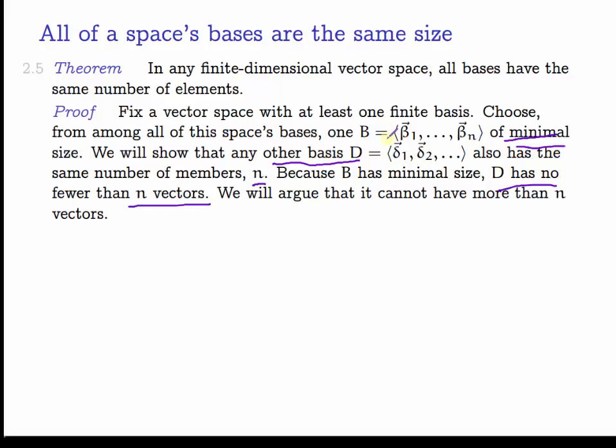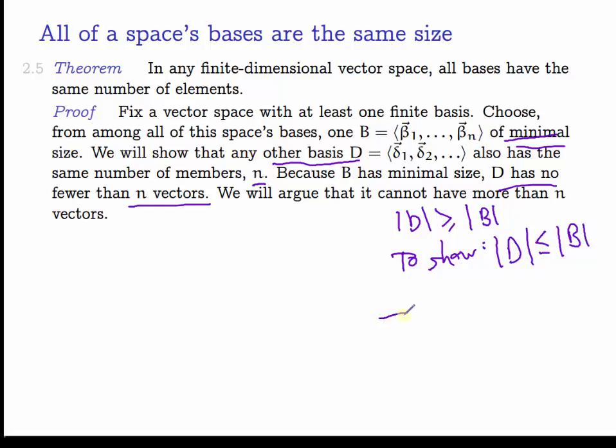We know that the number of vectors in D must be bigger than or equal to the number of vectors in B because B is of minimal size. So we want to show also that the number of vectors in D must be less than or equal to the number of vectors in B. And that will give us that the number of vectors in D is equal to the number of vectors in B. So that's our strategy.